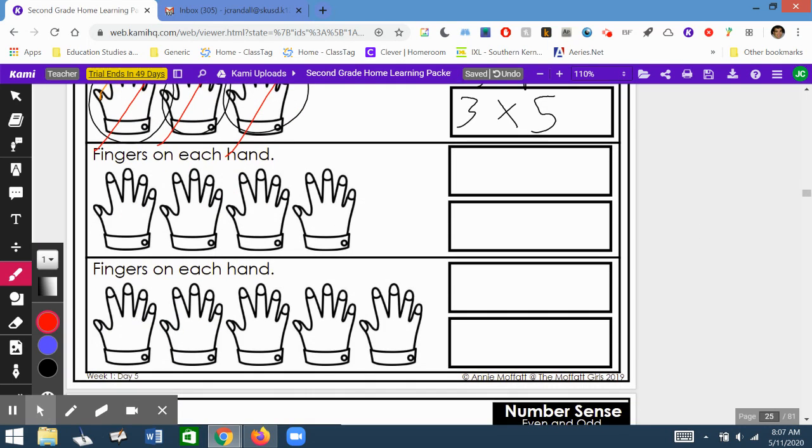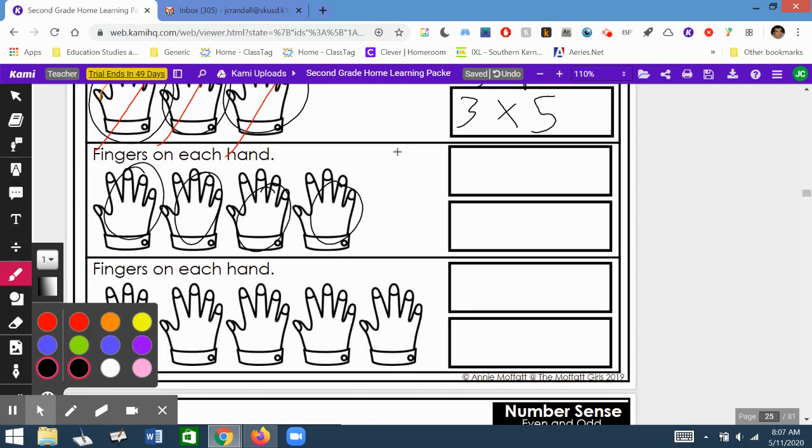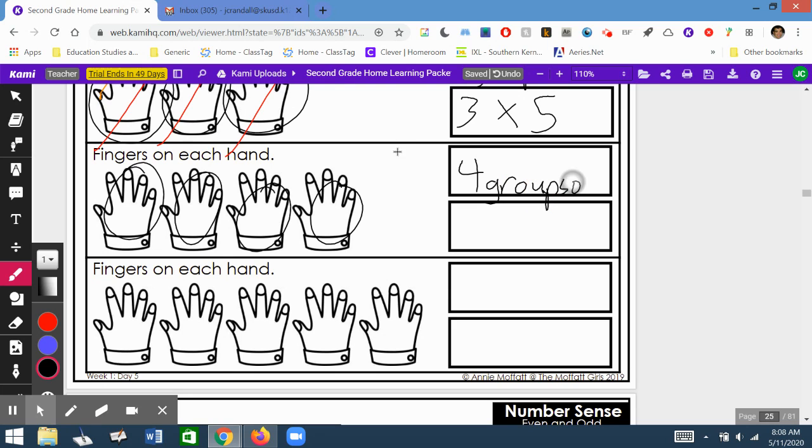Next one, fingers on each hand. We have 1 group, 2 groups, 3 groups, 4 groups. So we have 4 groups of, and just to make sure, let's count to make sure that they haven't changed. 1, 2, 3, 4, 5. 4 groups of 5.